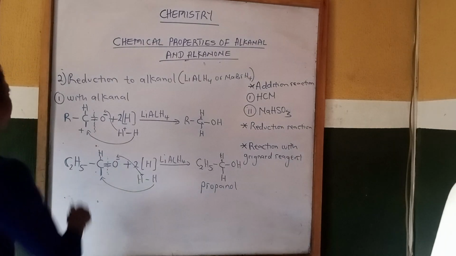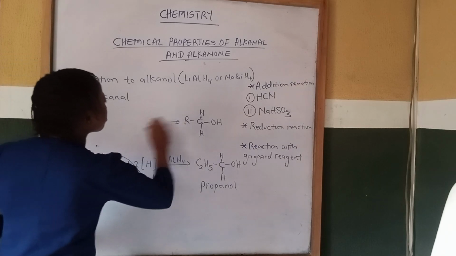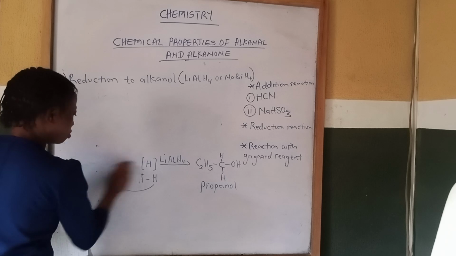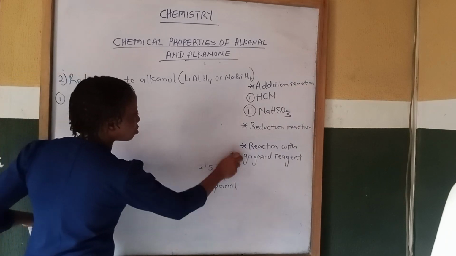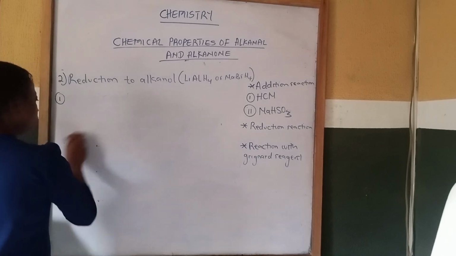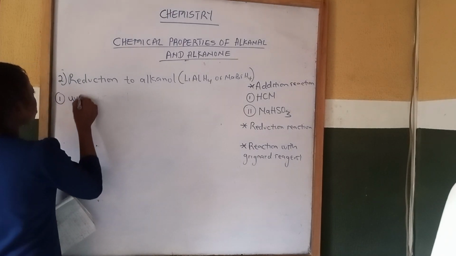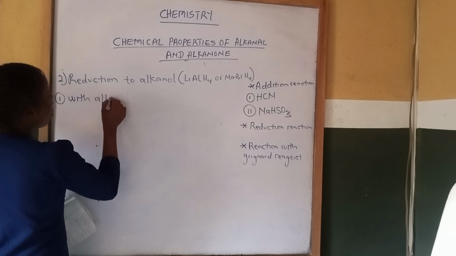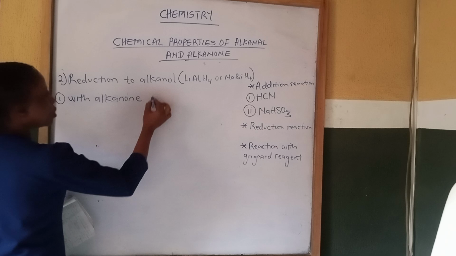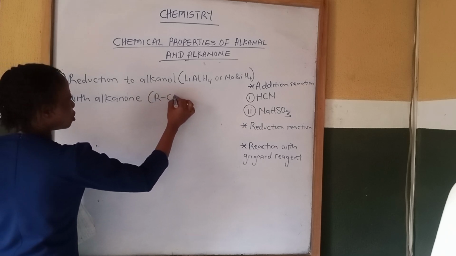Reaction with alkanone. So the general formula for alkanone is RCOR.